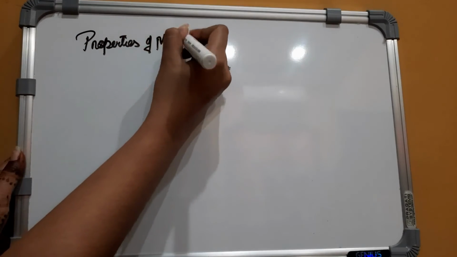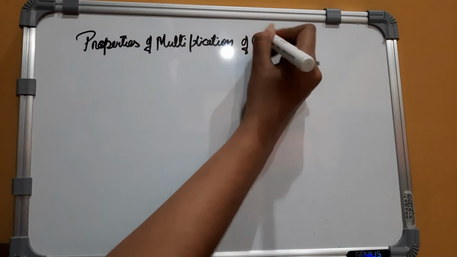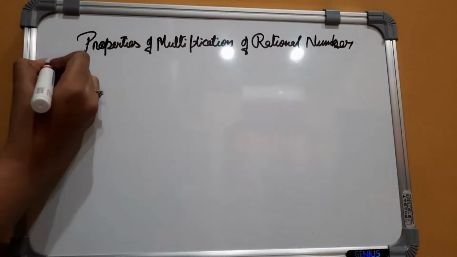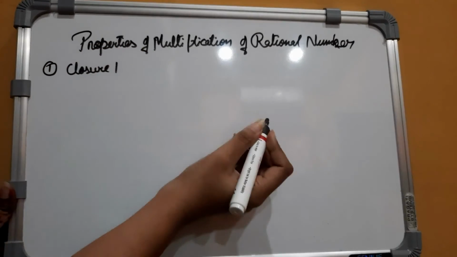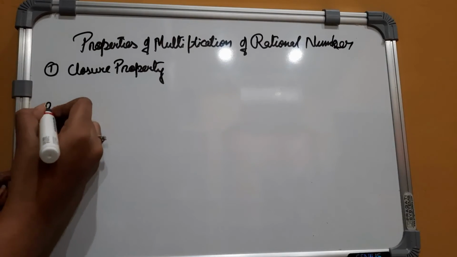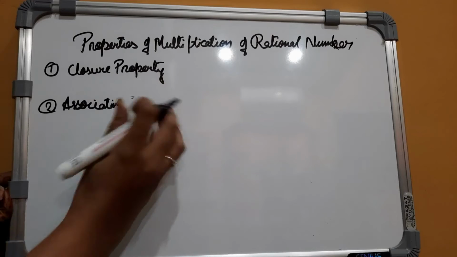Now the next properties will be the properties of multiplication of rational numbers. In this property of multiplication of rational numbers there are 5 properties. The first one is the closure property, the second one is the associative property. I'm sorry for the camera focus.